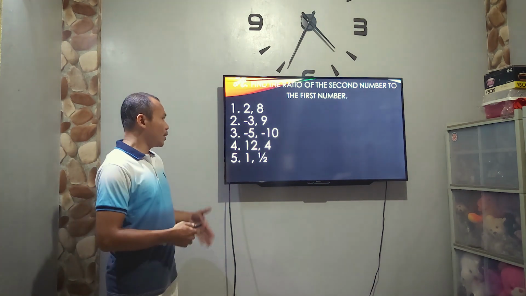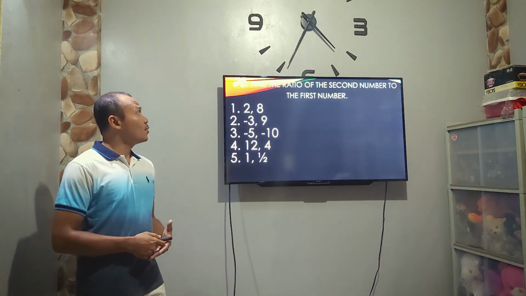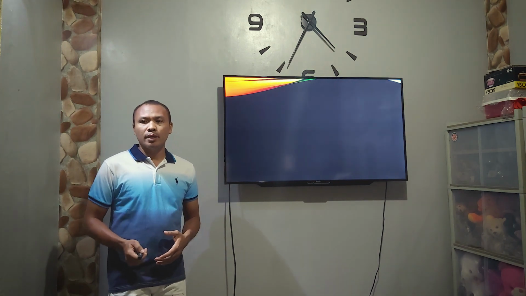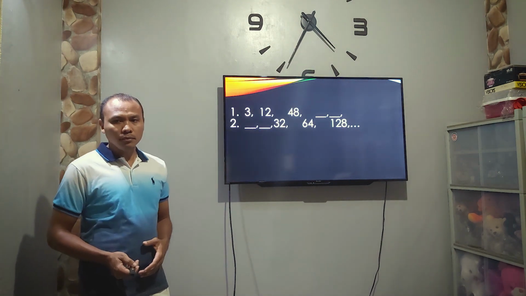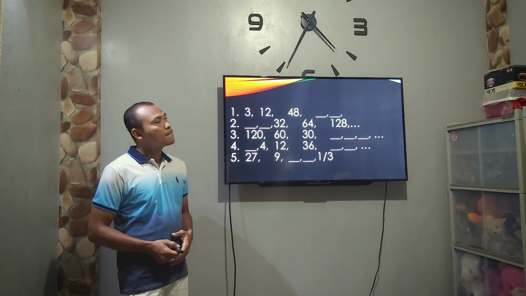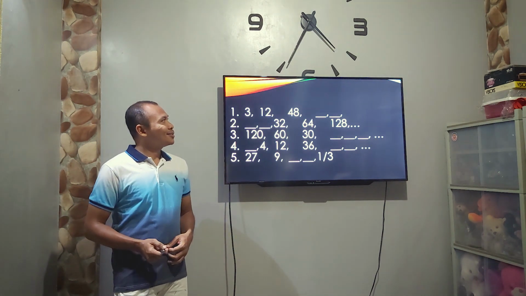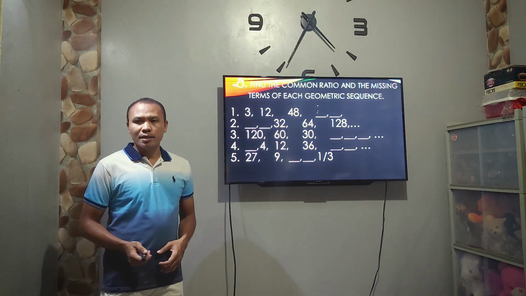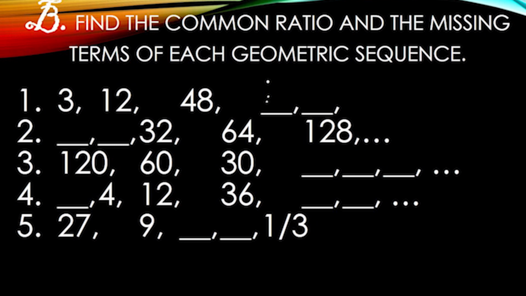So you can do the same with numbers 2 and 5. And for the next one, we have here the direction. Of course, very simple. You have to find the common ratio and the missing terms of each geometric sequence.